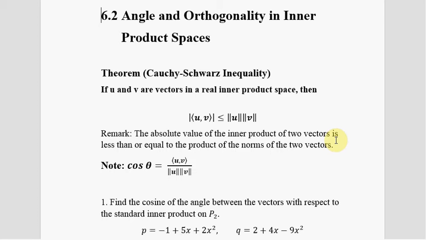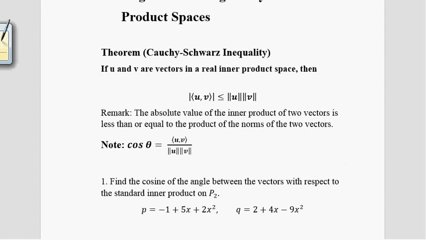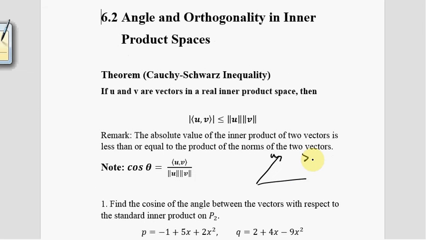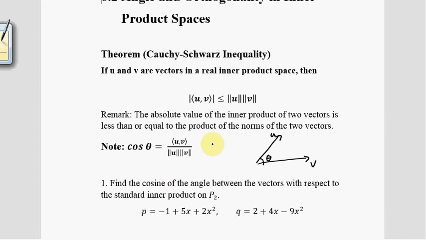So here, we can calculate not just the cosine, but even the angle itself, in that the angle theta is the inverse cosine of the inner product of u and v over the norm of u times the norm of v.